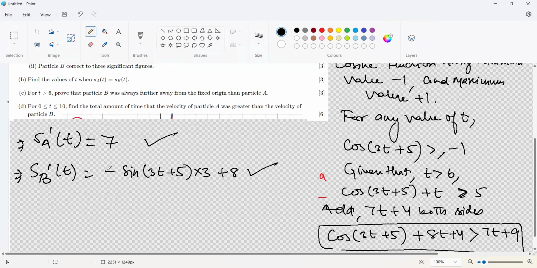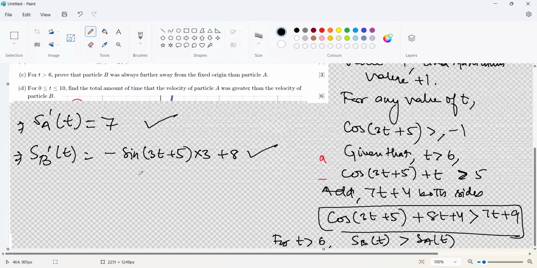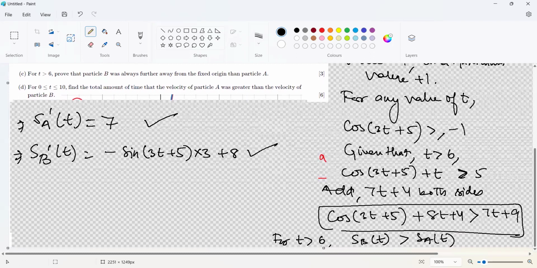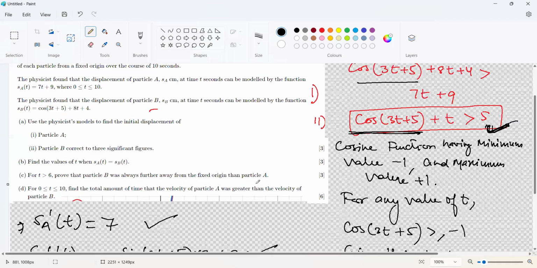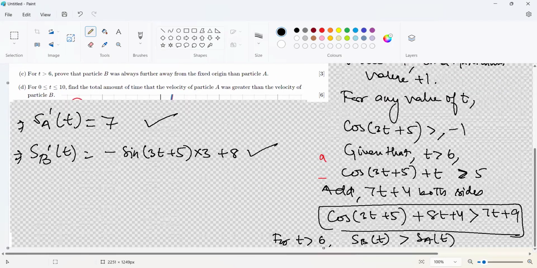We are looking for the total amount of time the velocity of particle A was greater than the velocity of particle B. What I can do, I will quickly draw the graph of both of them and we'll find the result. So minus sine, and this is 7.